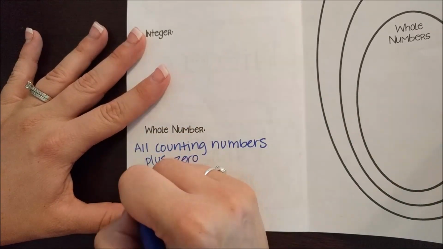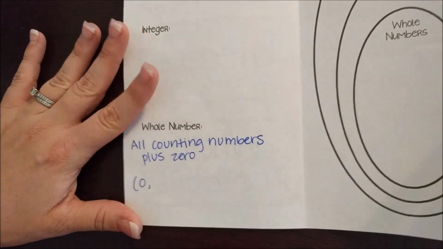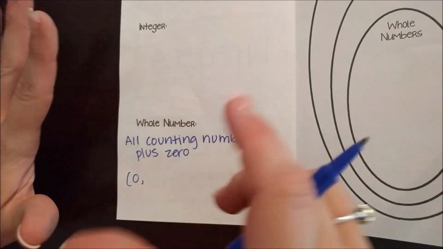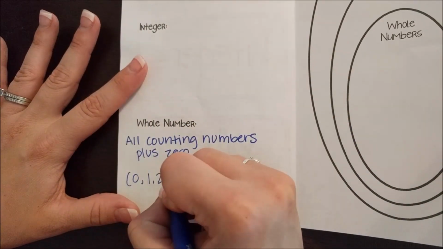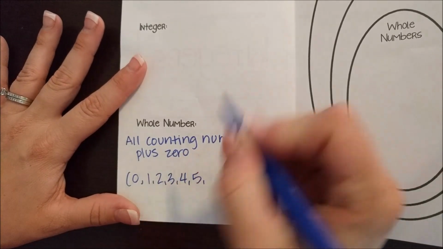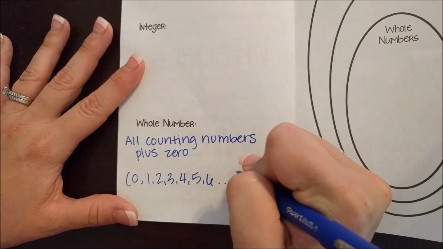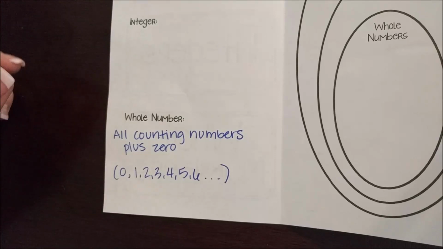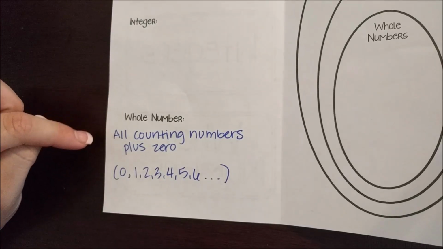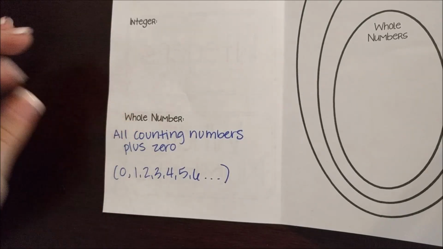So for example, 0, and then what can you count on your hands? 1, 2, 3, 4, 5, 6, and so on. Okay, those are your whole numbers. They're your counting numbers plus 0.